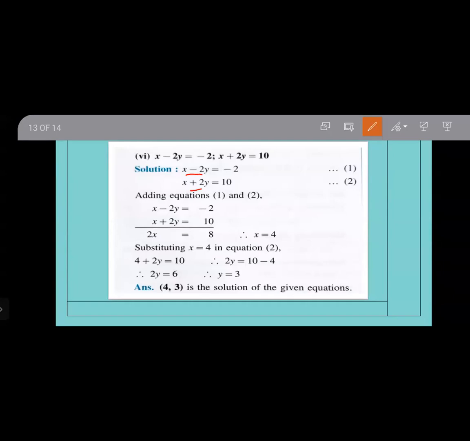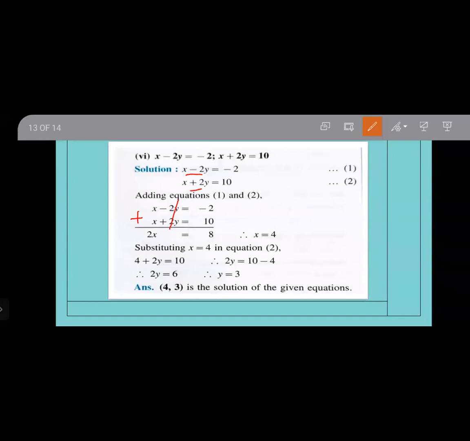So adding equation 1 and 2, what will you do? x minus 2y is equal to minus 2 and x plus 2y equals 10. So this minus 2y and plus 2y will get cancelled. x plus x will be 2x is equal to 8.